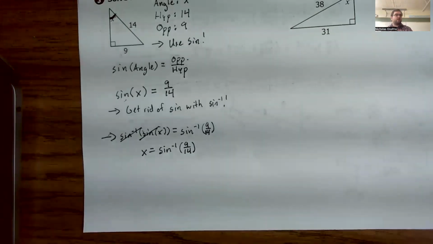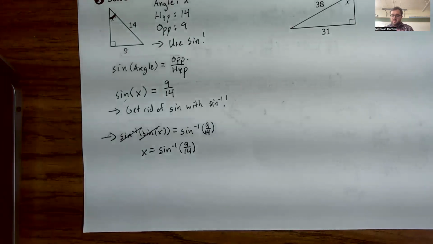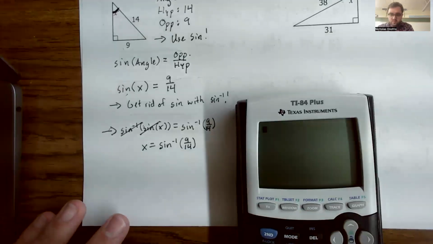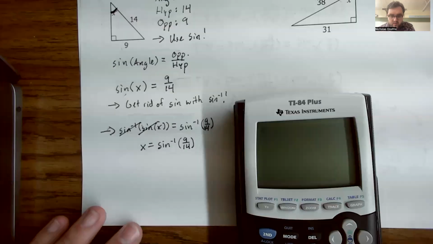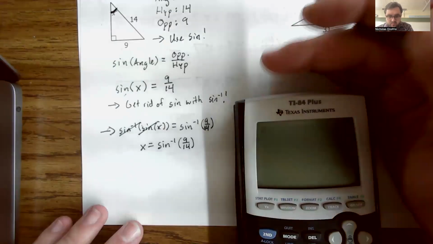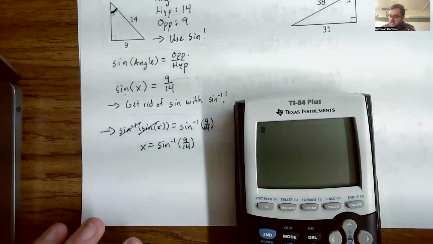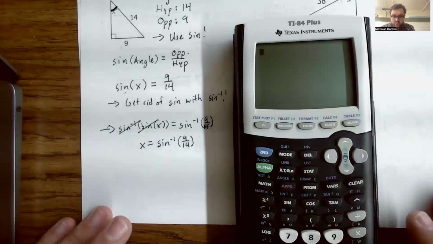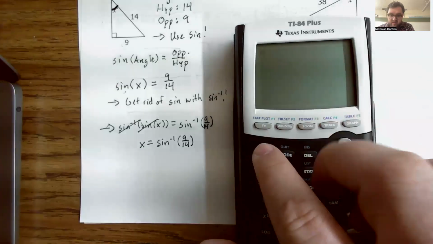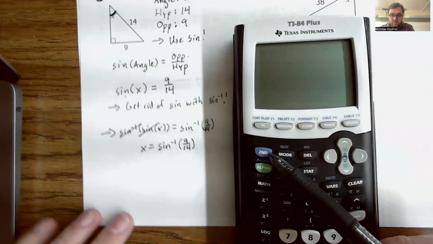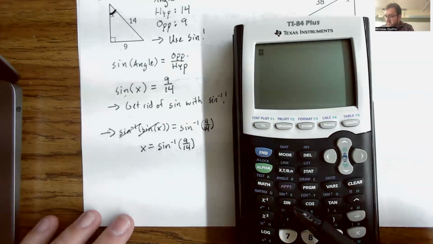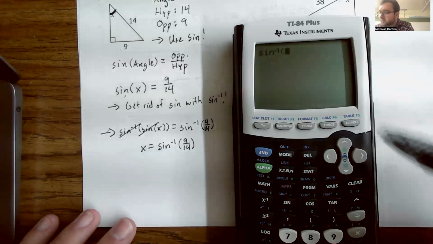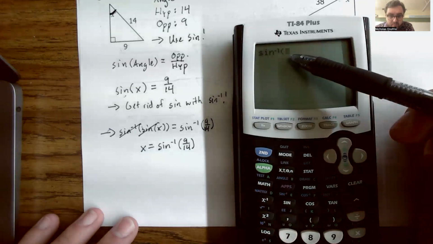Okay, I don't know about you, but I can't do that mentally. So let's look at our good friend, the calculator. Let's see what happens when we plug some stuff in here. As you type your sine, press the second key, then sine, and you will see your sine to the -1 pop up.